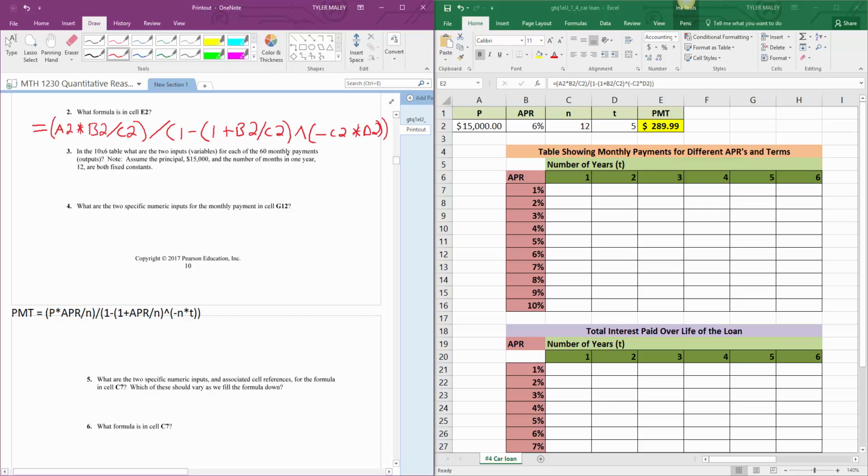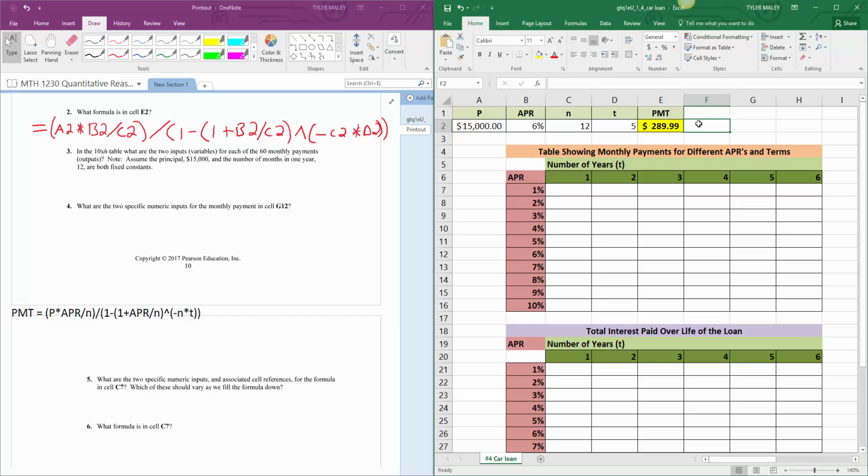So that's exactly the formula that's provided for us on screen, and that's how we would write it. If you read up here in the formula bar, you can see that formula.